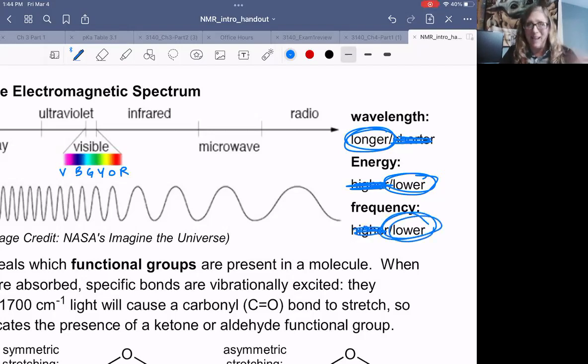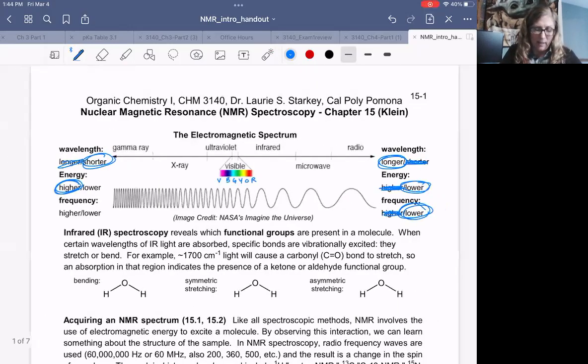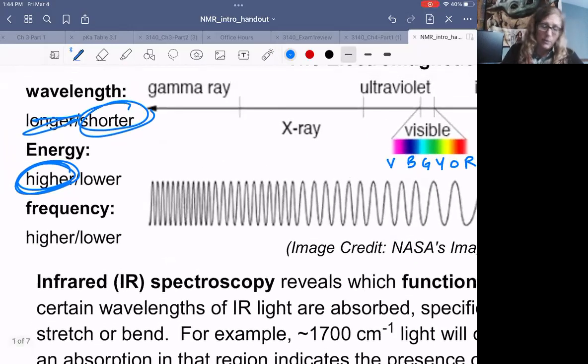And something that is a high energy wavelength, high energy light with a short wavelength, has a much higher frequency. So this is high frequency light, and that's the relationship there. So a shorter wavelength has a higher frequency and is a higher energy.